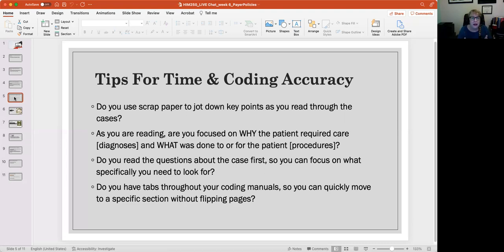Every single case must have at least one diagnosis code and at least one procedure code. Every case. You cannot have anything without one or the other, because the patient has no reason to be there. Nobody's going to pay for whatever procedure or service was provided.